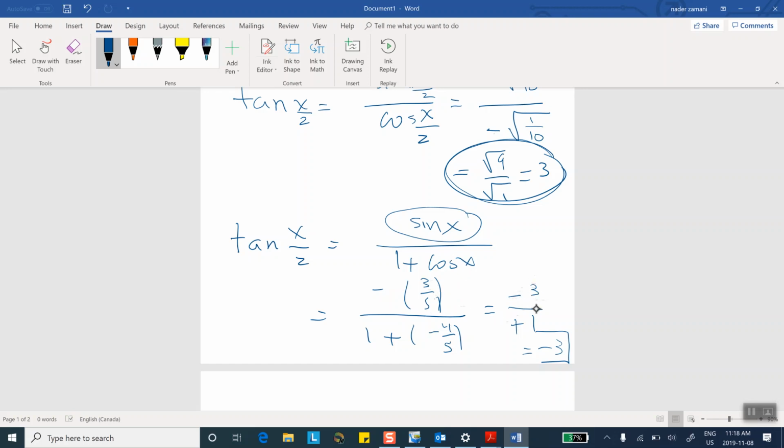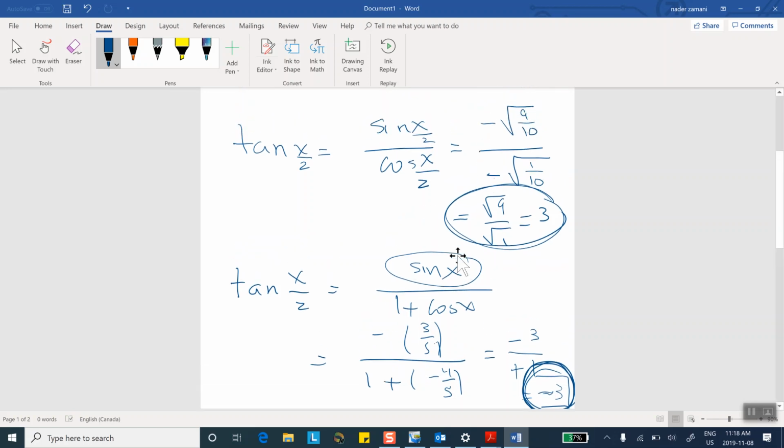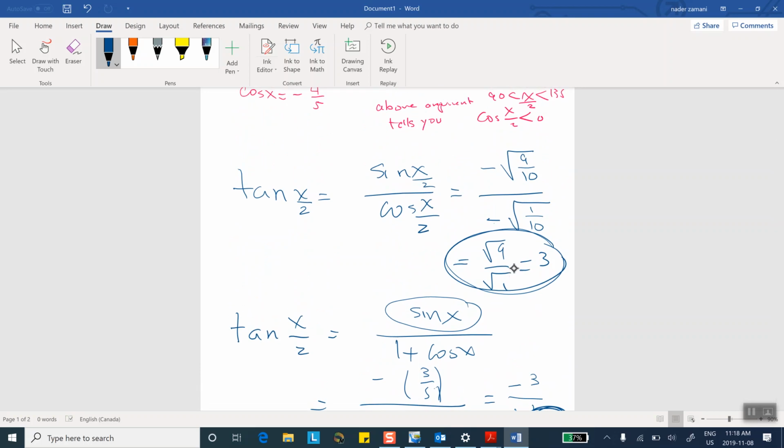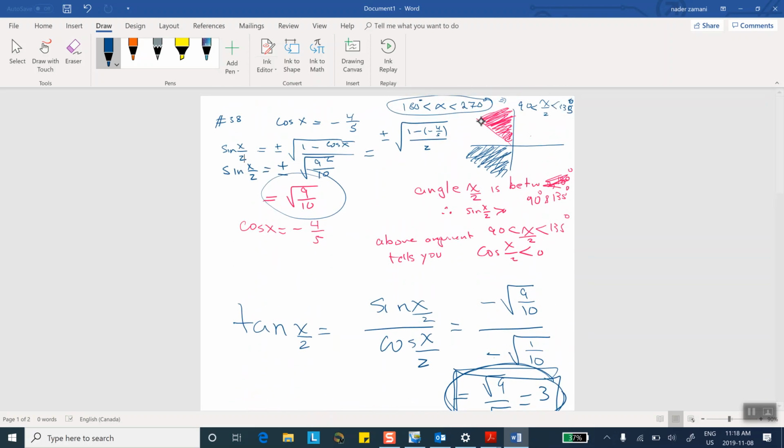This is minus 3 divided by 1, and tangent of x is negative. Wait a minute. Tangent of x, in fact, must be negative, so I must have made an algebra error right here. There's a problem because x over 2 is in that red region. If it's in the red region, the tangent of it must be negative, right? So where did I make a mistake?